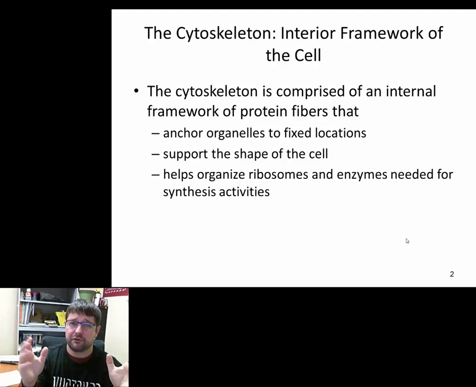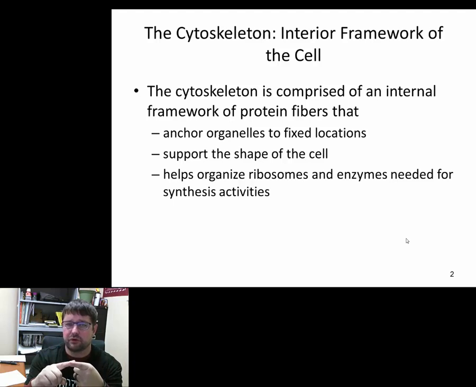This is going to be very different than, say, a prokaryote. This is for eukaryotes. Prokaryotes might have a little bit of cytoskeleton material, but very little compared to a eukaryote. The other thing that it can do is allow the cell to flex, so it can compress down and then rebound to the same general shape. And it can be extremely important for things like nuclear division.